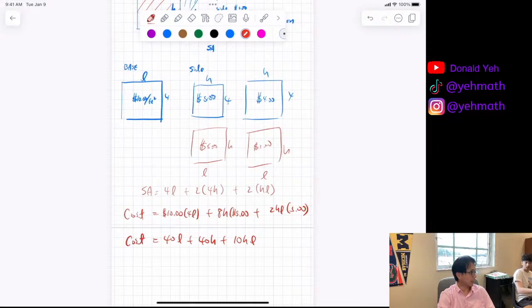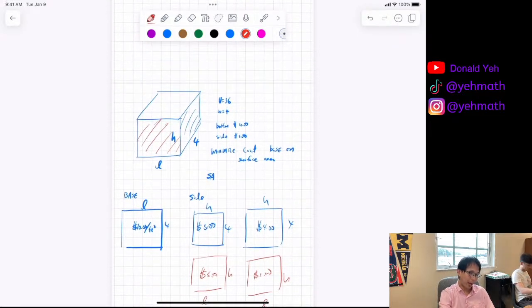We try to minimize the cost. However, we're still missing something because there are 2 variables here: there's L, there's H, and there's HL. Let's go back. They say 36 is equal to 4HL. Then 9 equals HL.